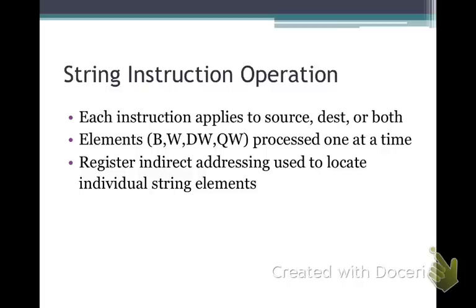So the destination index register and the source index register are the default locations for several of the operands in these, okay? Register indirect addressing is used to locate the individual string elements where it's ESI and EDI. By the way, this would be RSI or RDI in 64-bit mode, okay?